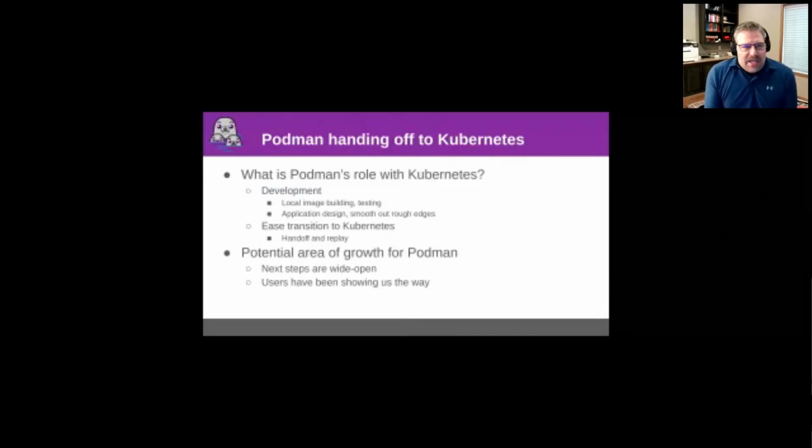So before we get into that, it's worthwhile understanding Podman's ability to hand off to Kubernetes and what we as a development team think our role is with Kubernetes. And that is that it's primarily a development environment.